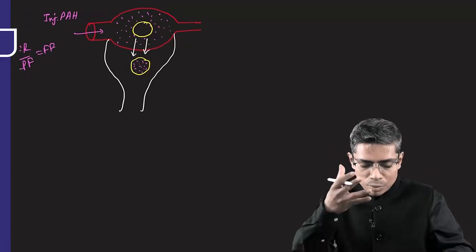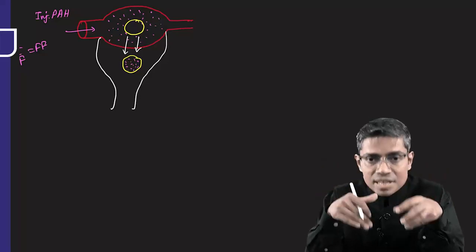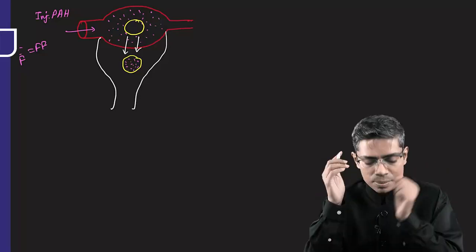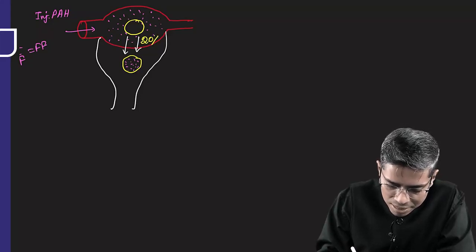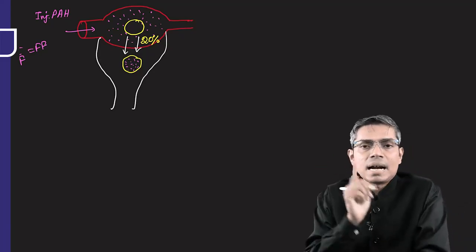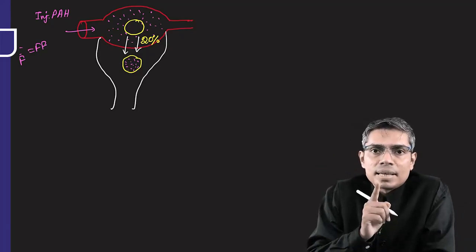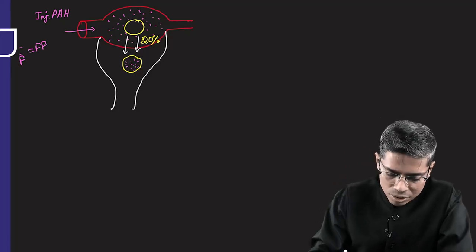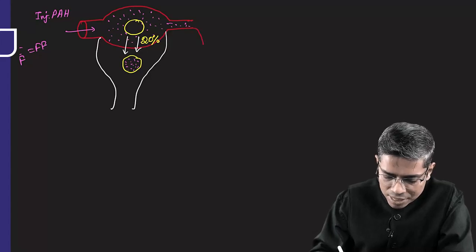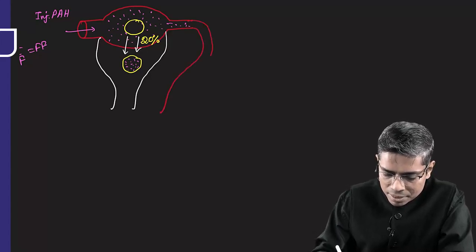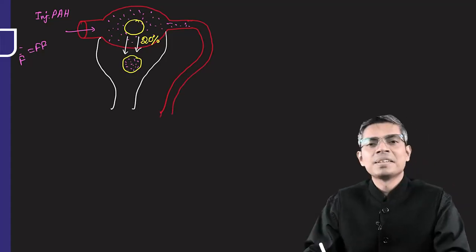That means 16 to 20% of plasma is getting filtered. So 20% of PAH is cleared at the glomerular capillary. The remaining PAH will move through the efferent arteriole, and then through the peritubular capillary.